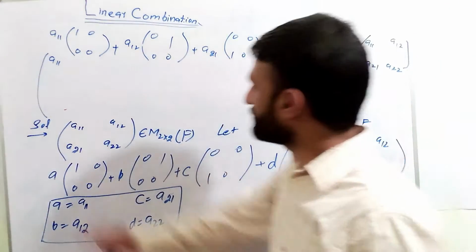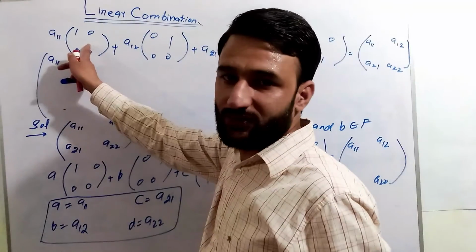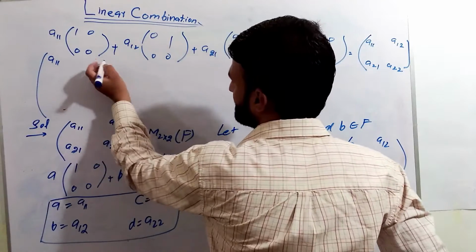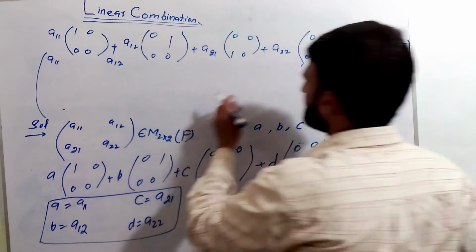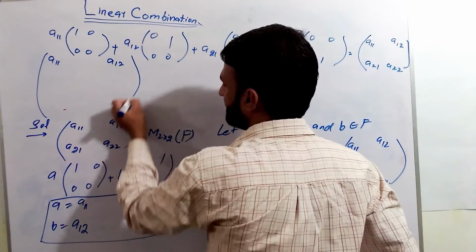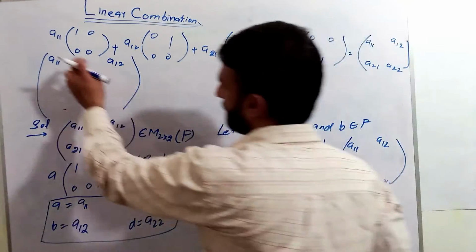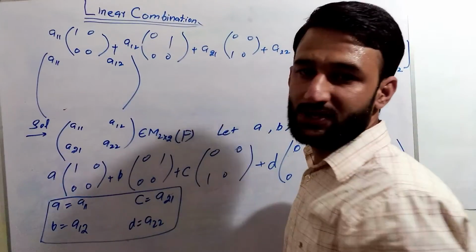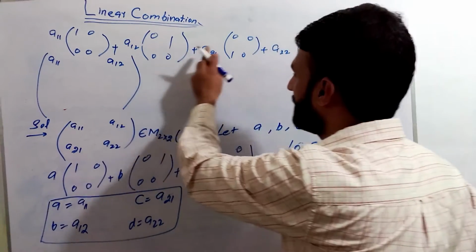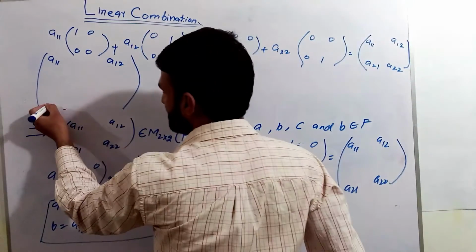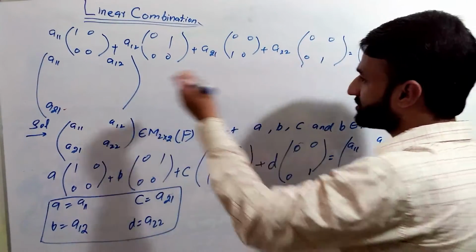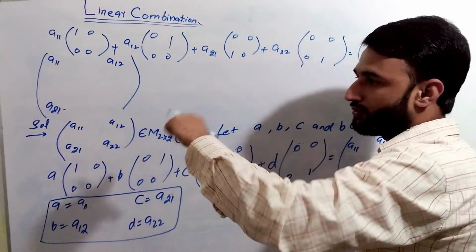For the second entry of the first row, it is 0 plus A12, and the other terms are 0, so the entry is A12. For the first entry of the second row, the other terms are 0 and we have A21.